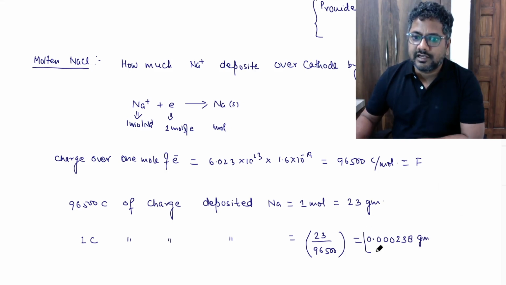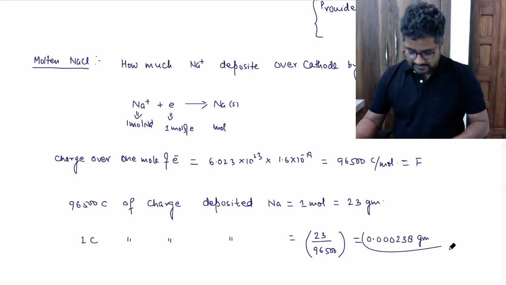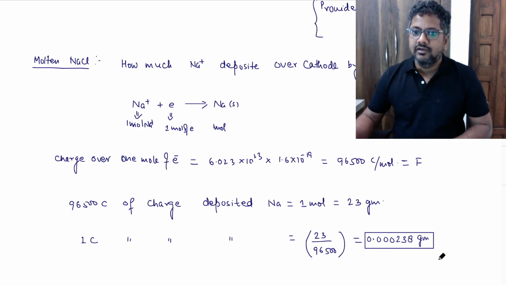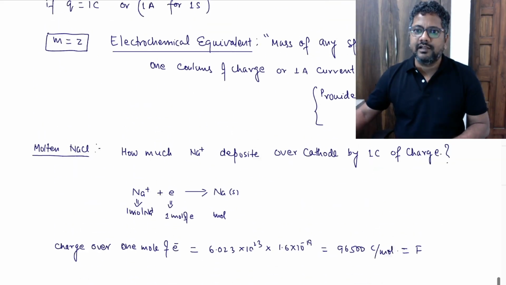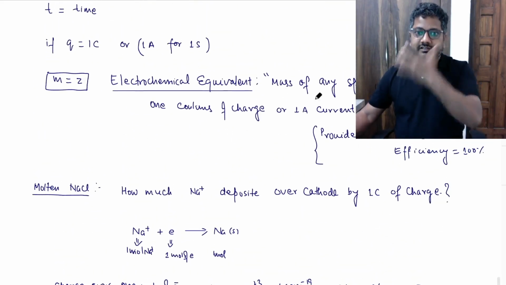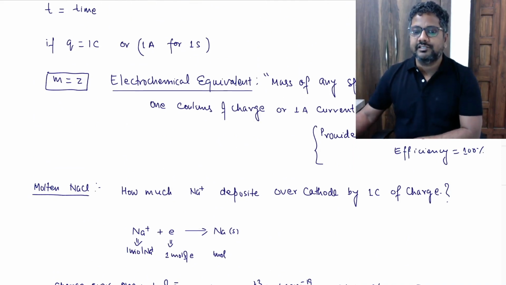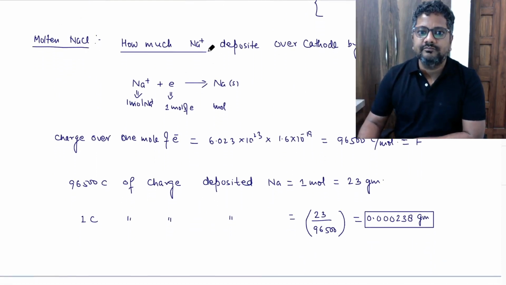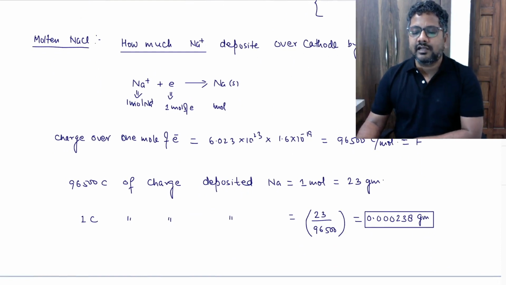So as per the definition, what is the electrochemical equivalent? Electrochemical equivalent is the mass of any species deposited by 1 coulomb of charge. Here we have calculated how much sodium is deposited over the cathode by 1 coulomb.